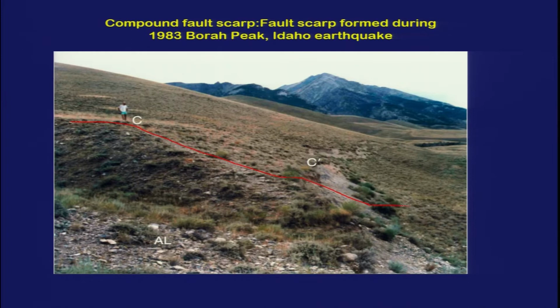Of course, the photograph is not so perfect, but the slope is wider here, and then you have the very sharp young displacement which has been seen here. So, this is young displacement, this is the older one.